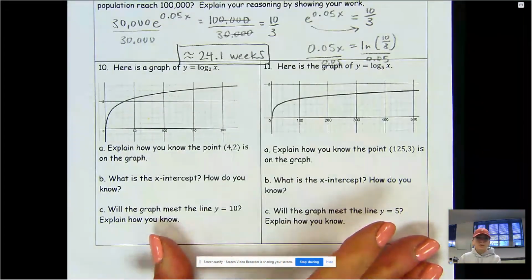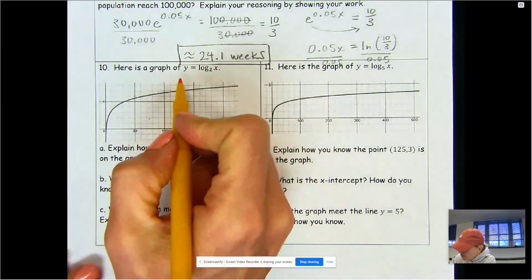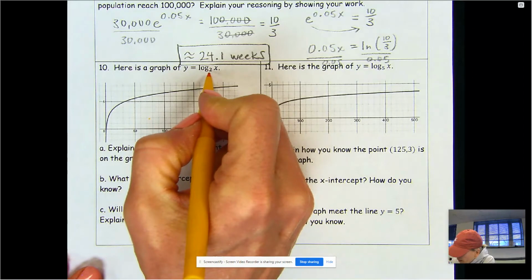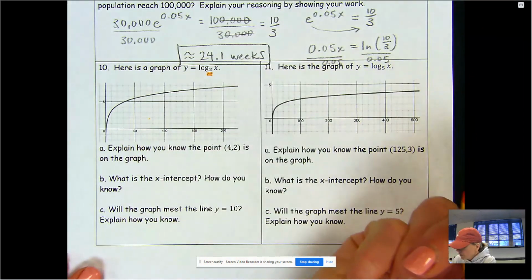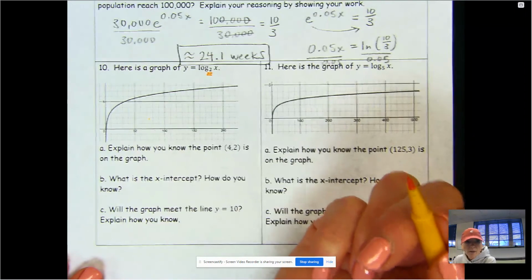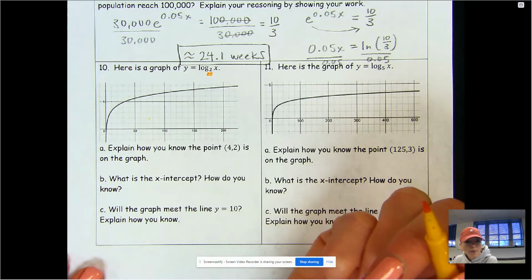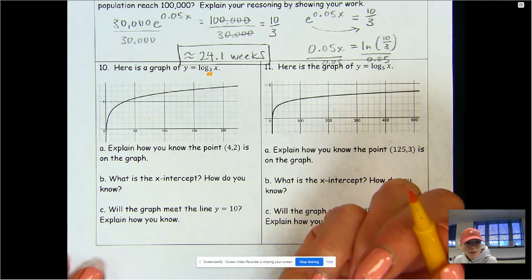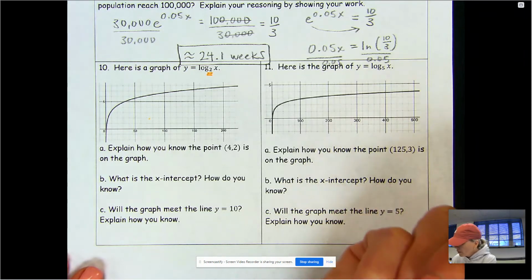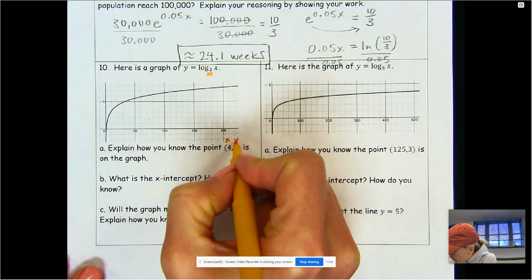Last two questions. First, the graph of y equals log base 2 of x, so our base is 2 here. Explain how you know the point (4, 2) is on the graph. When I'm looking at this, I'm thinking, okay, this is the x value, this is the y value.